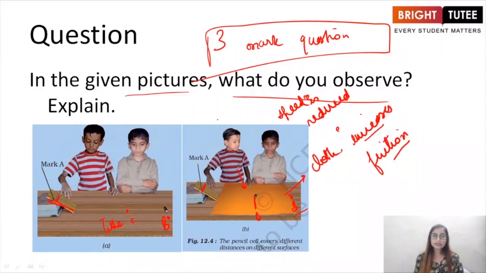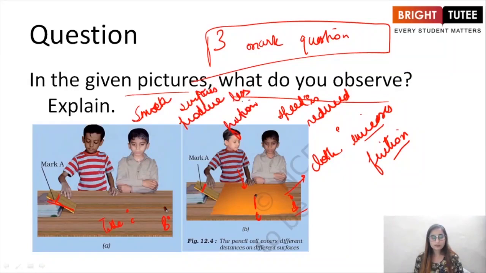So we understand that smooth surfaces produce less friction, while rough surfaces produce more friction.